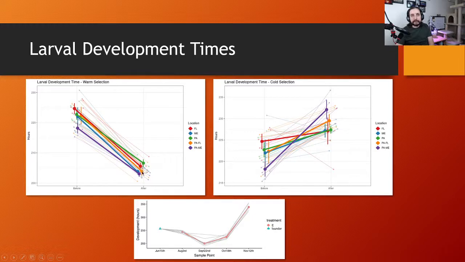We expect PA Florida to be in between PA and Florida, but it's not. It is a little bit down here. And again, we expect PA Maine to be in between PA and Maine, but it's again not in between. If you look at the cold selection, it happens here too. So this shows that migration might be adaptive too.